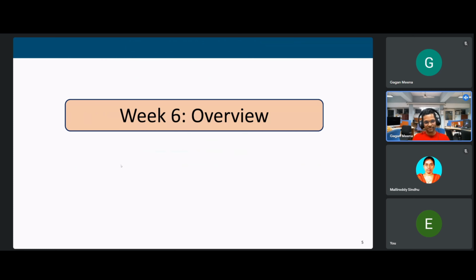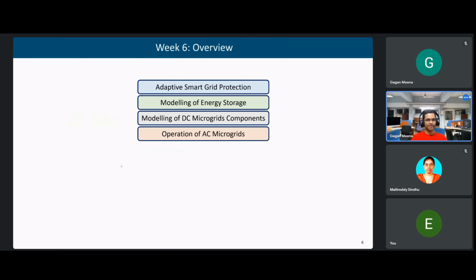Let us then begin with the overview of week 6. In week 6, we broadly discussed these 4 topics. First topic was the continuation of the same topic which was discussed in week 5. In week 5, we were discussing the smart grid protection issue and techniques used for smart grid protection.